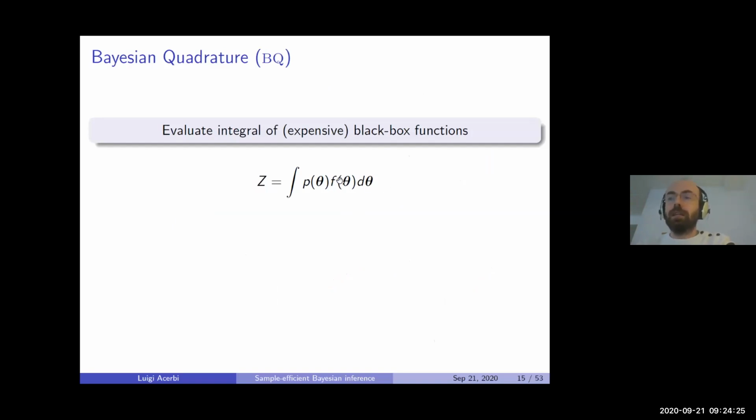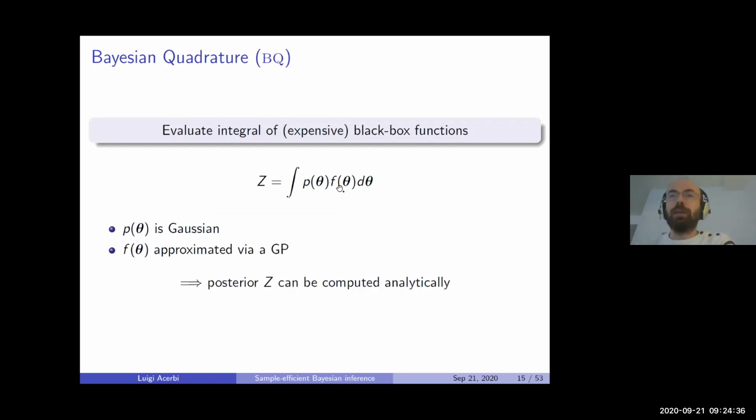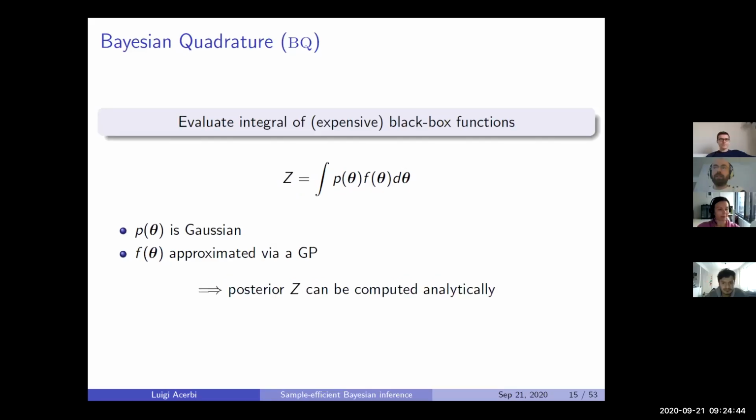If this density P is Gaussian, and f is approximated by a GP with some properties, then the magic of Bayesian quadrature is that you can compute this integral analytically, and you compute not only the posterior mean of the integral, but also the variance of the integral. You get a nice Gaussian posterior over the value of Z, and you can also compute the gradients and everything you want. So everything is very nice.